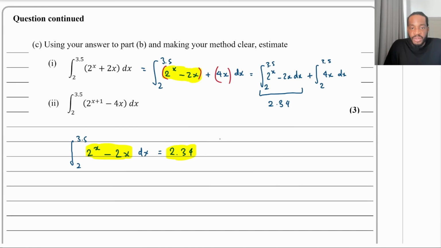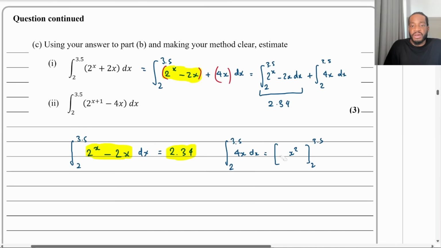It's going to be the integral between 2 and 3.5 of 4x dx. So if I integrate that, then I will add 1 to the power, divide by the new power, between 2 and 3.5. Now, 4 divided by 2 is just 2. So I can just rewrite this as 2x squared, can't I? That'll be 2x squared.